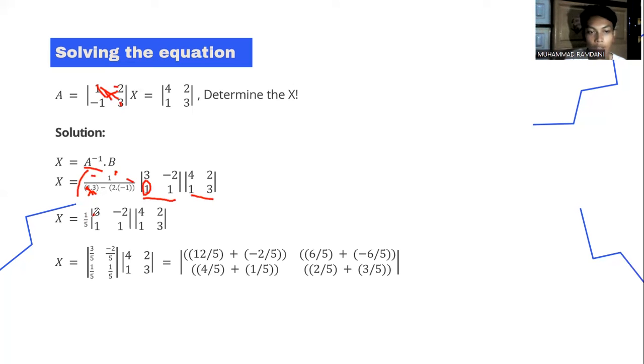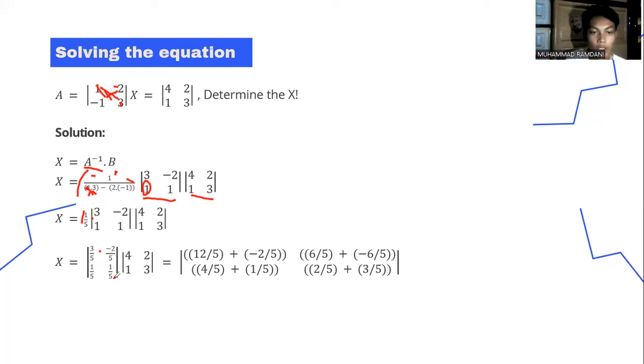Next, we multiply the fraction with the adjoint of A. It becomes 3 per 5, minus 2 per 5, 1 per 5, and 1 per 5.